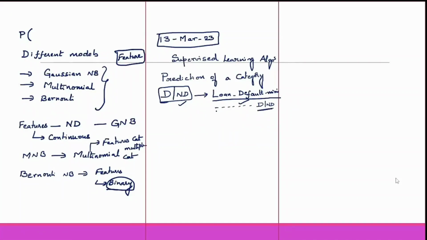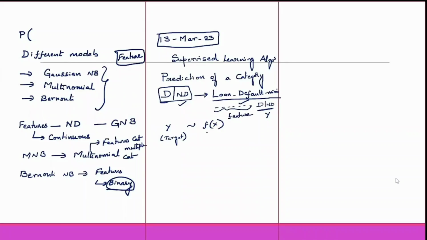Right? So our objective in a supervised learning algorithm is to fit a kind of relationship between y, which we have called our target variable, and different x values, which we are calling feature variables.